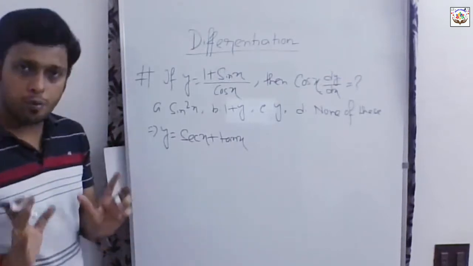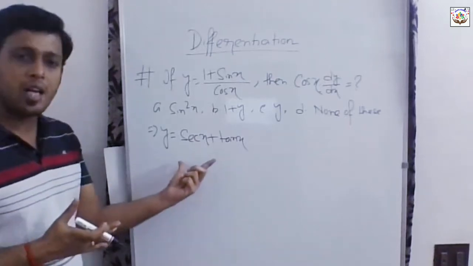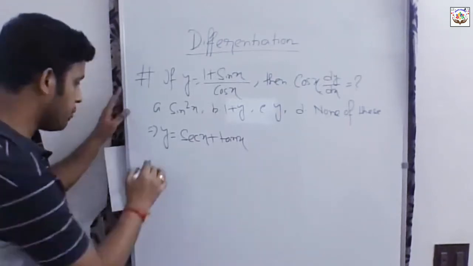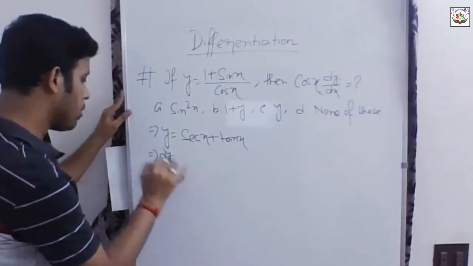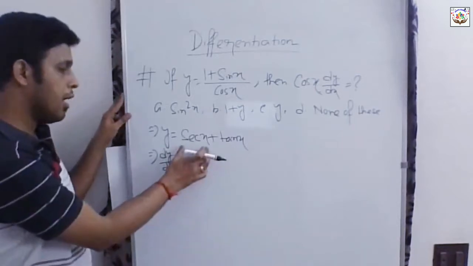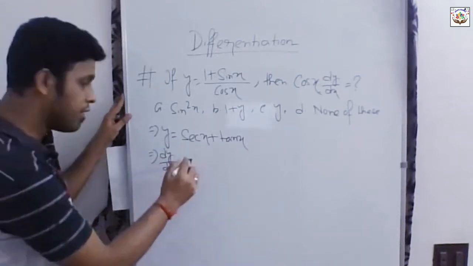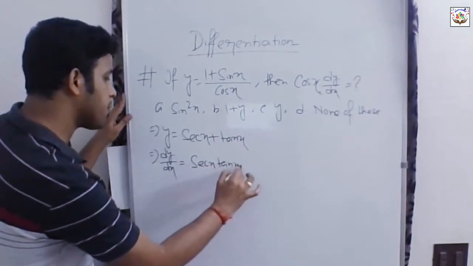Now what will you do? We will be differentiating both the sides with respect to x. So we have got dy dx. What would be the value of dy dx? d/dx of sec x means sec x tan x.